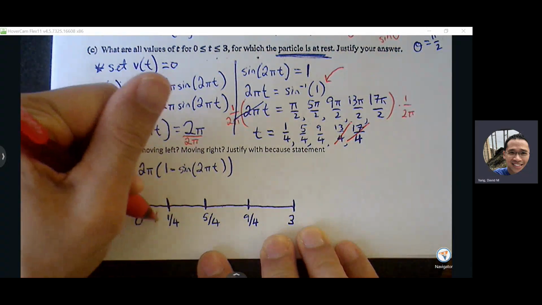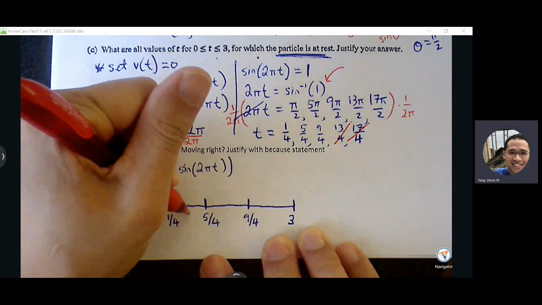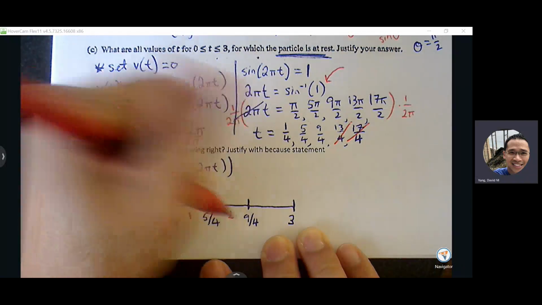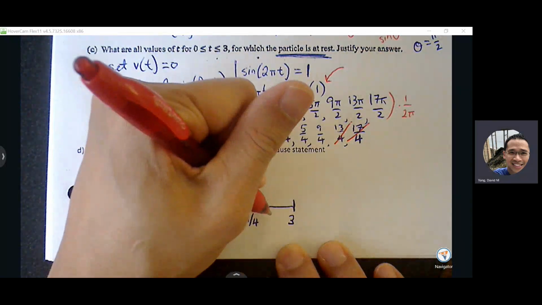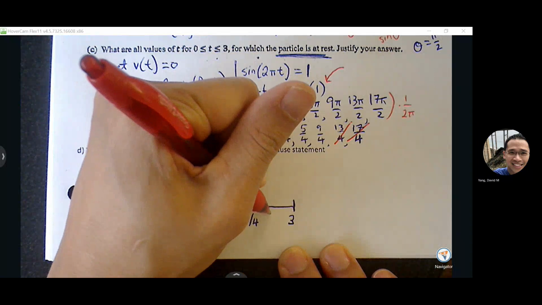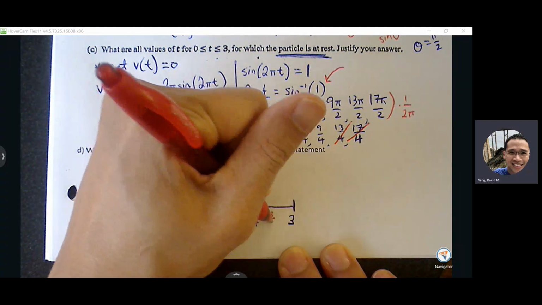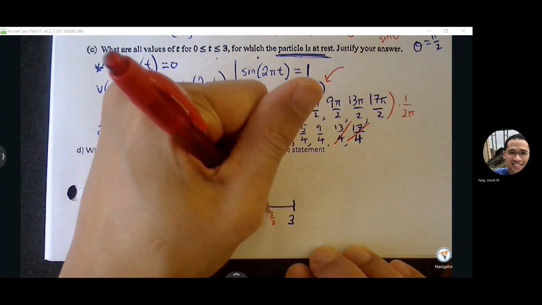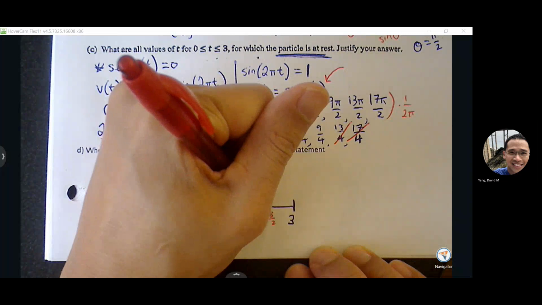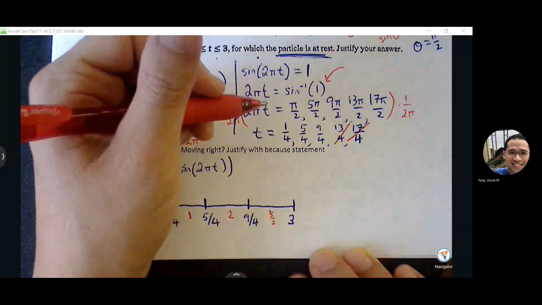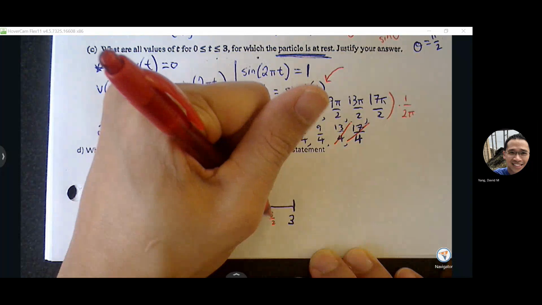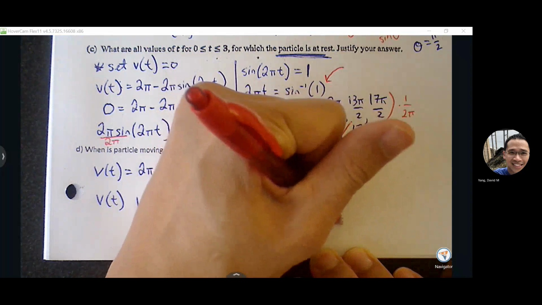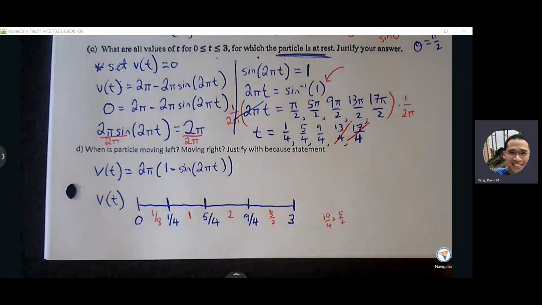Here I'll choose 1/8. Here I'll choose 4 over 4, which is 1. Here I'll choose 8 over 4, which is 2. And here I'll choose 10 over 4, which is 2.5. Okay, 2.5.